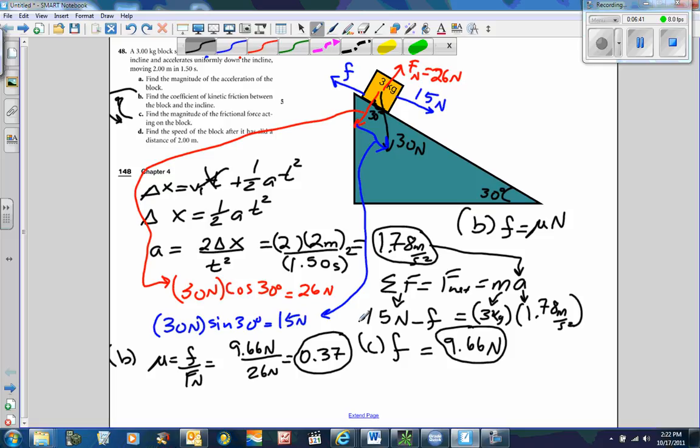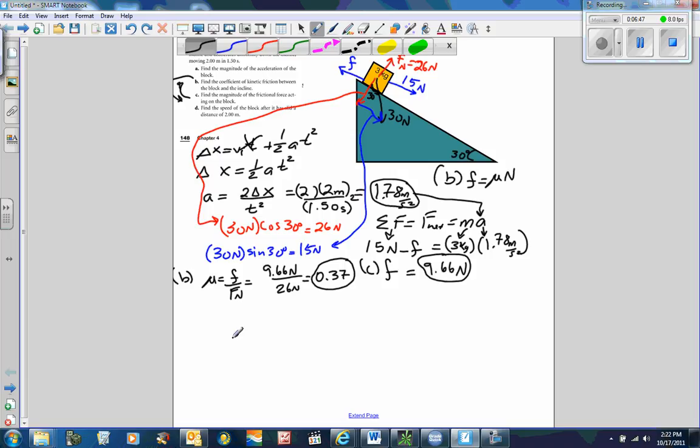Then the speed of the block after it slid 2 meters, that's D. We know time is 1.5 seconds, so V final equals V initial plus a t.